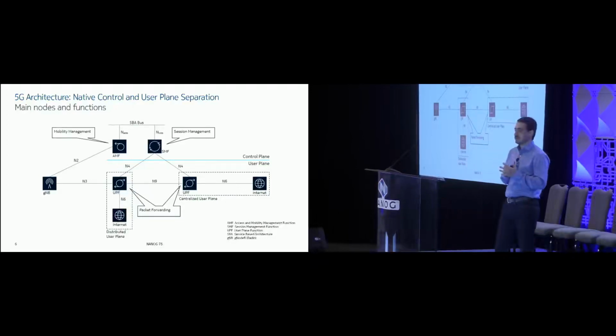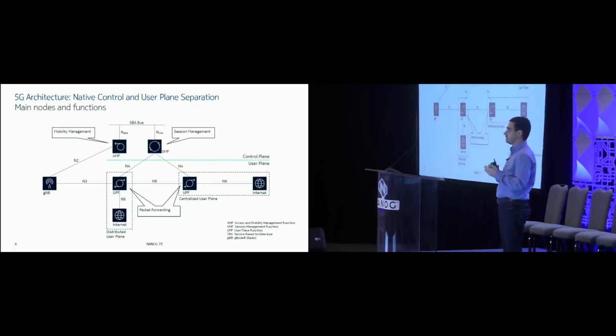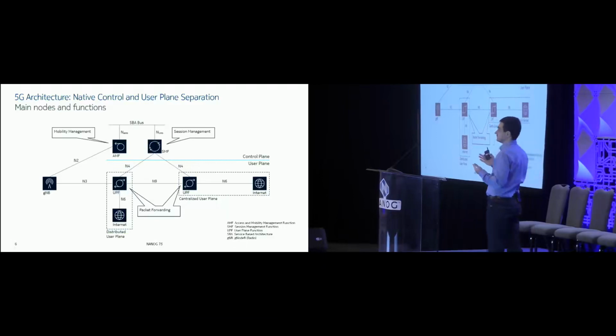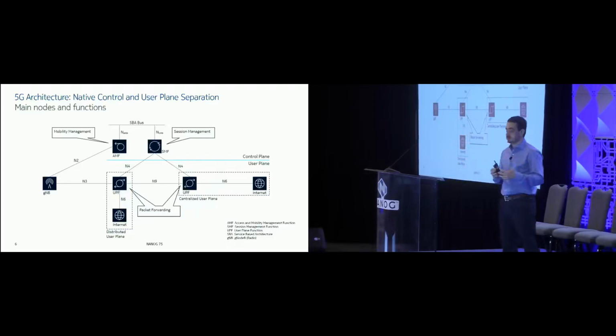This user plane element can either be very distributed, so you can have your internet offload point closer to the user, being a content cache or even going directly to the internet, or you could have a centralized user plane as well. That centralized user plane serves more like centralized peering points. And you can actually have both. That's something new.